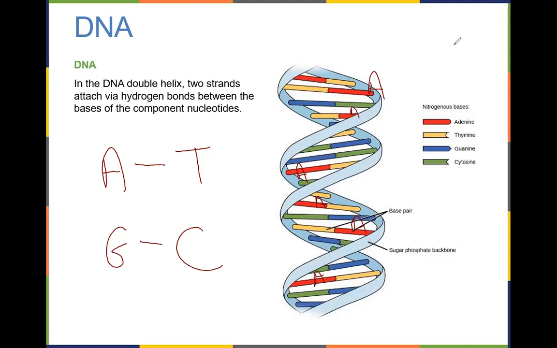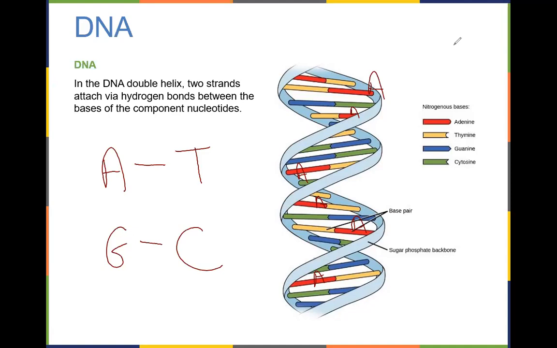And the order of these bases dictates the order of the amino acids, how we assemble the amino acids in a protein. So every protein our body makes is controlled by the DNA strand by simply having a unique sequence of bases. And you'll see that there are no errors on this one.